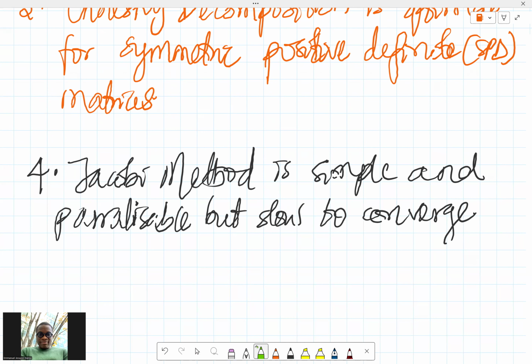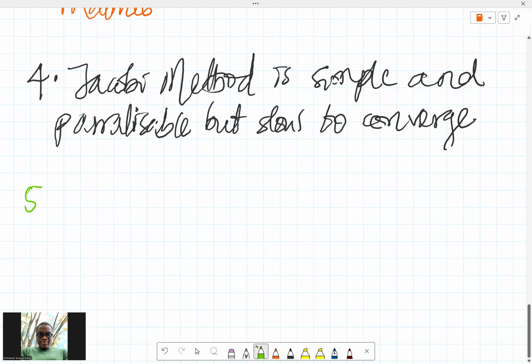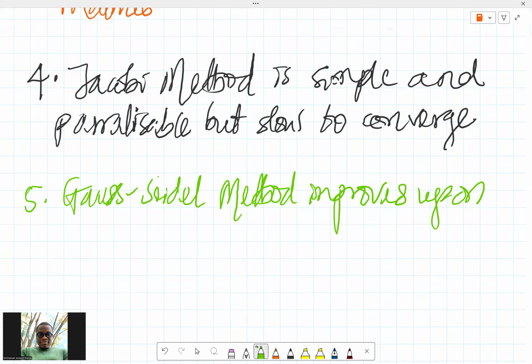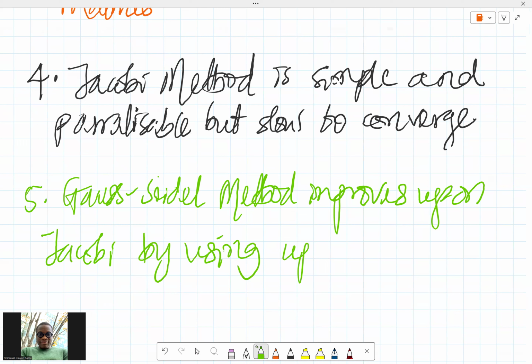The fifth takeaway is that the Gauss-Seidel method improves upon Jacobi by using updated values.